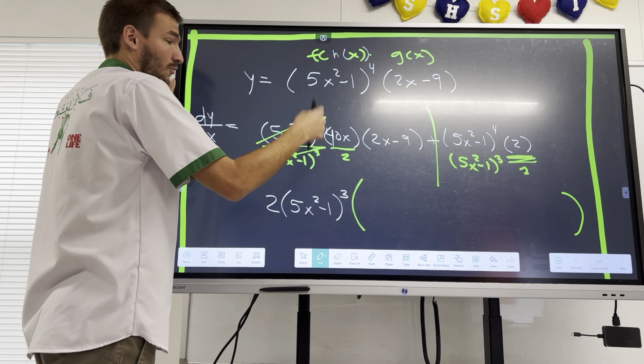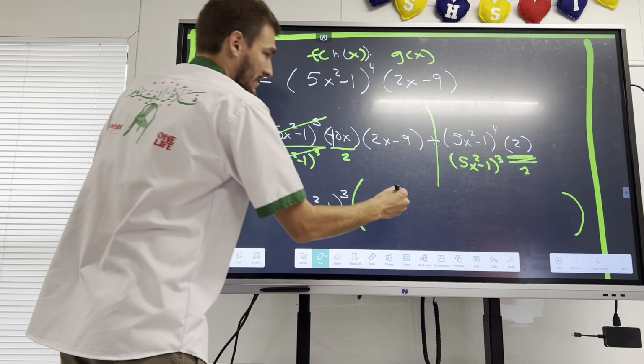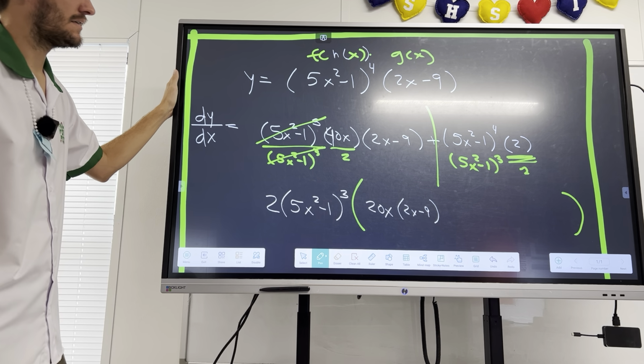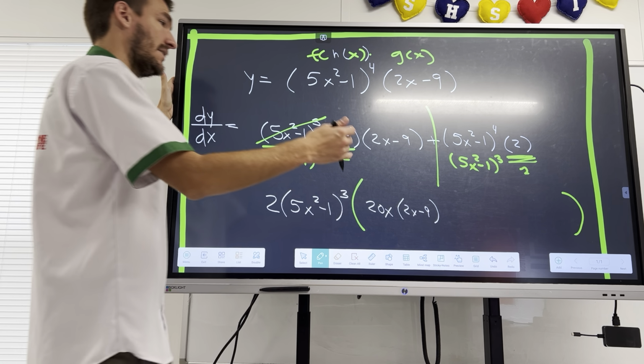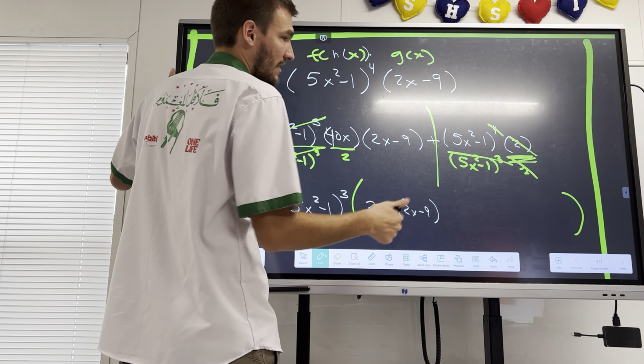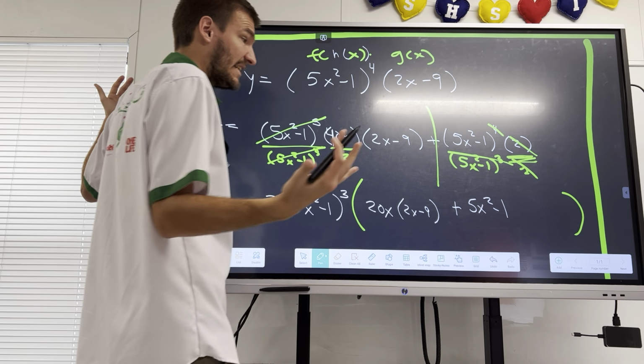We made this 40 into a 20x. We still have 2x minus 9. Over here, this 2 is gone. 3 of these is gone. So we have a plus 5x squared minus 1, and that's it.